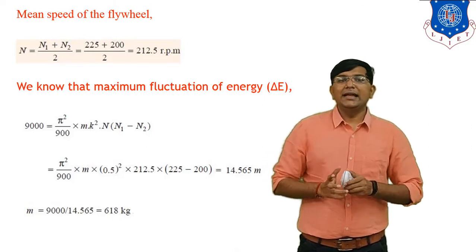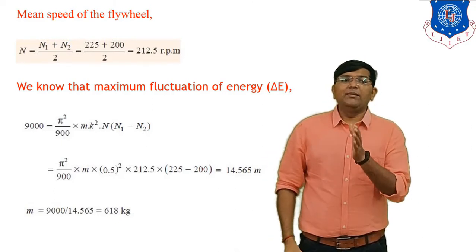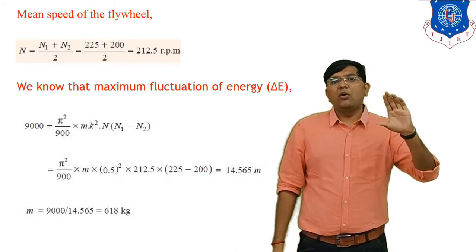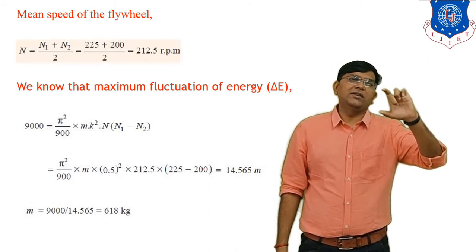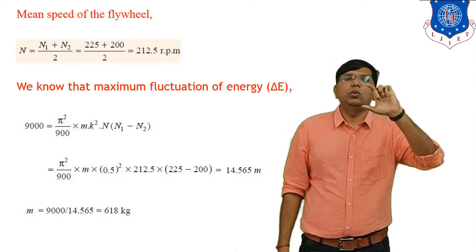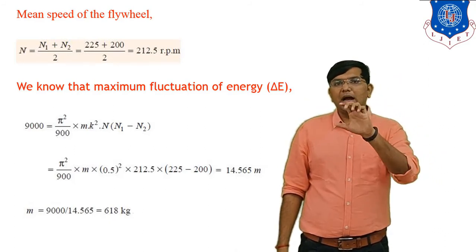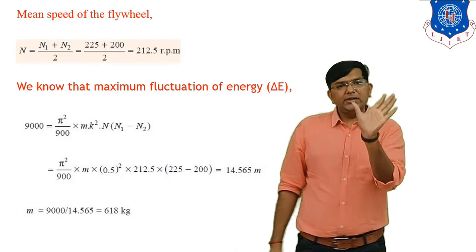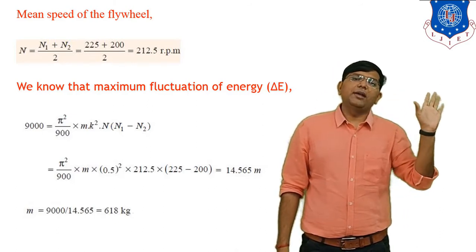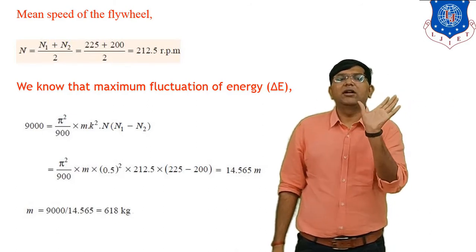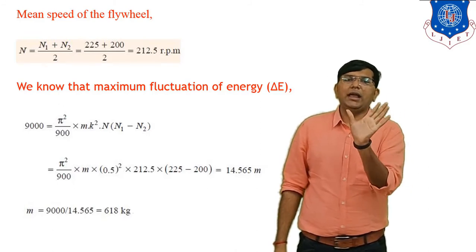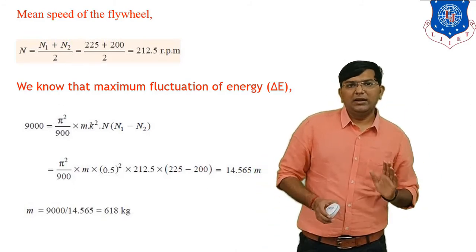Clear? So this is the example for the flywheel in a punching press, and you have to use only one equation for that, that is delta E is equal to I omega square Cs, or delta E is equal to I into omega 1 minus omega 2. Instead of omega you have to put 2 pi n by 60, and this equation converts to the form of mk square and n1 minus n2. Clear?